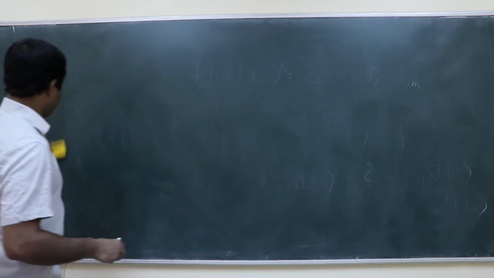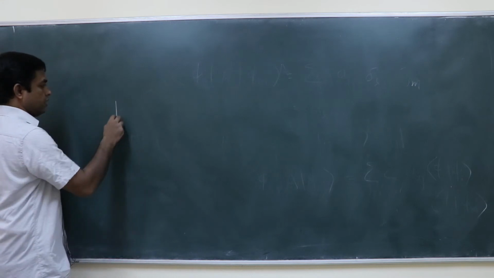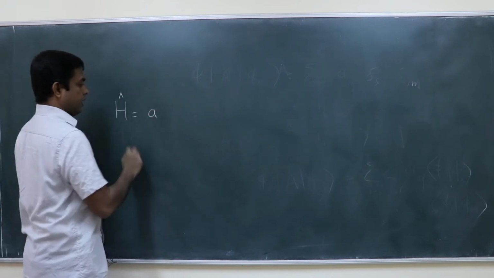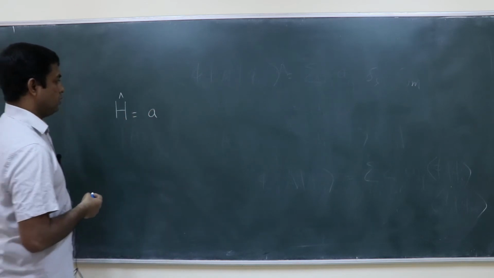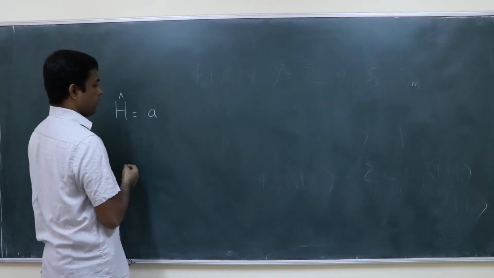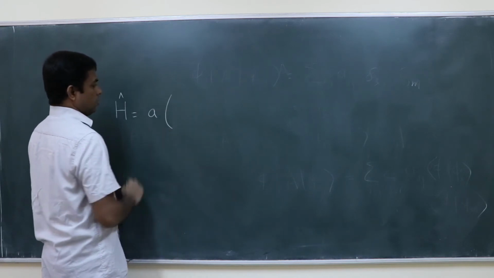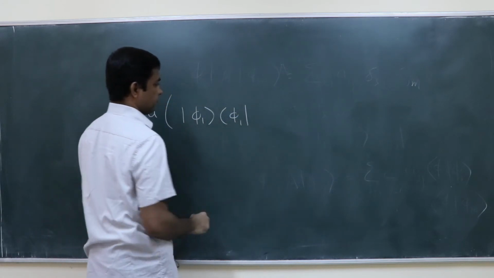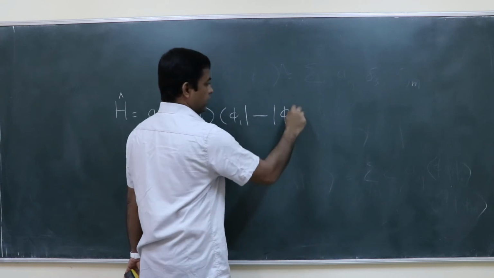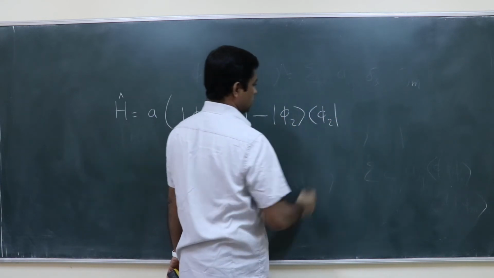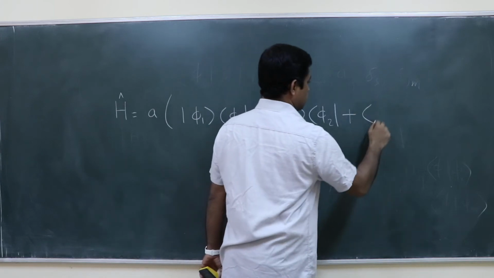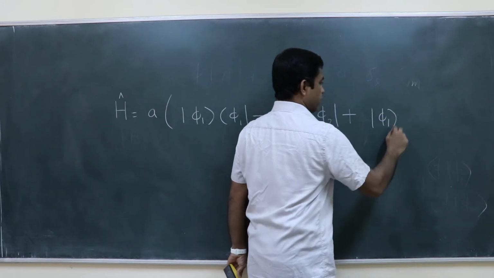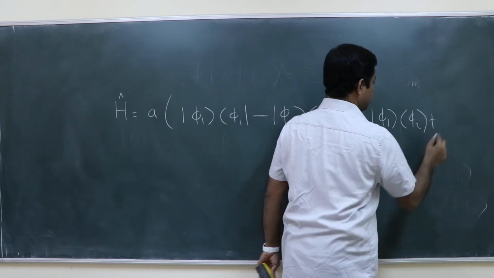So let me give you one operator H, which is equal to A, where A is any number, you can take it as a real number for the time being. So H is equal to A times, ket phi 1 bra phi 1, minus ket phi 2 bra phi 2, plus ket phi 1 bra phi 2, plus the fourth term.